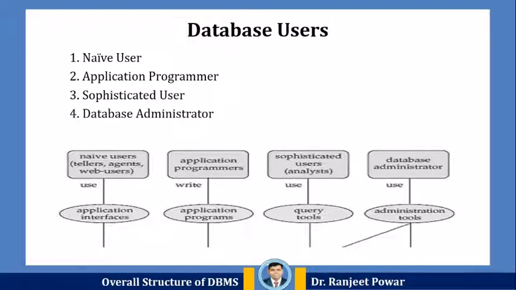Examples of routine maintenance are periodically backing up the database to prevent loss of data, ensuring that enough free disk space is available for normal operations, and upgrading disk space as required. Third, monitoring jobs running on the databases and ensuring the performance of the system.